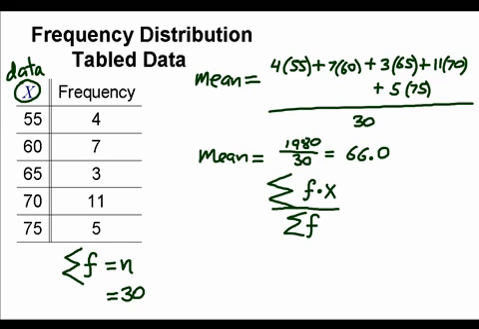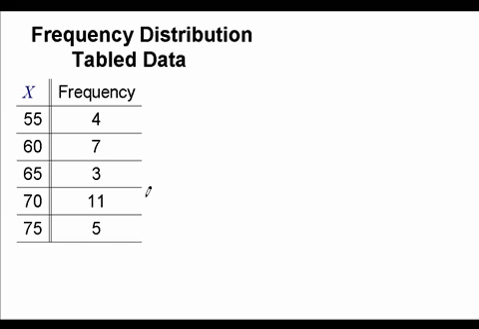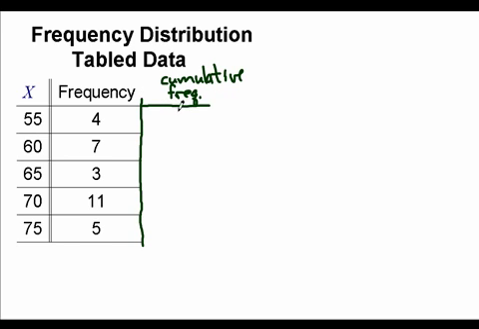Alright, if we want to find the median of this frequency distribution, it's a little different. We're going to do what's called a cumulative frequency. Basically all it means is we're going to subtotal it as we go down. So we're going to start off with 4.